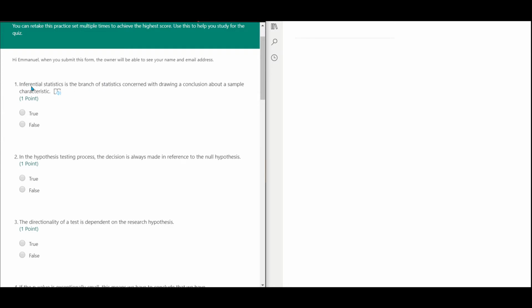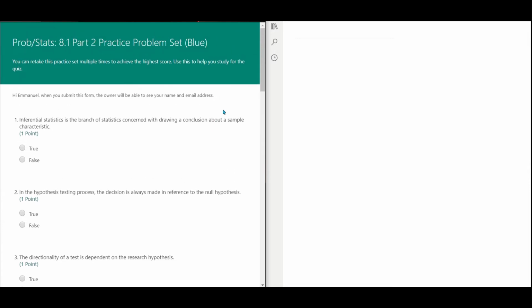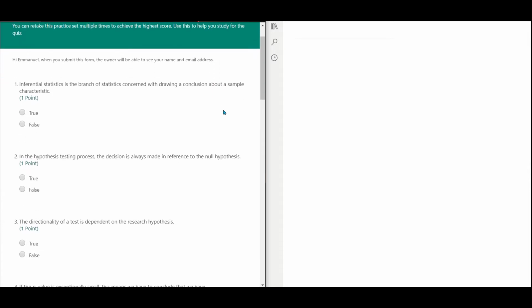This is 8.1 part 2. Inferential statistics is the branch of statistics concerned with drawing a conclusion about a sample characteristic. Remember, this is coming from your notes. Inferential statistics is when you're trying to make an inference about the value of a parameter.